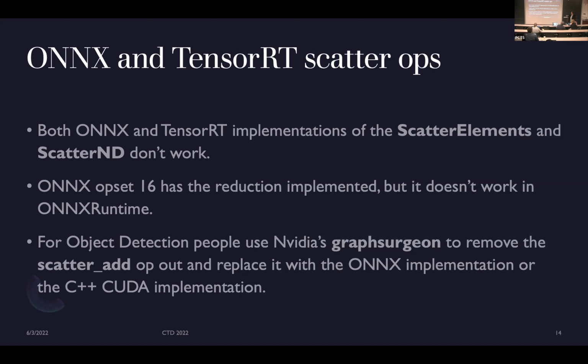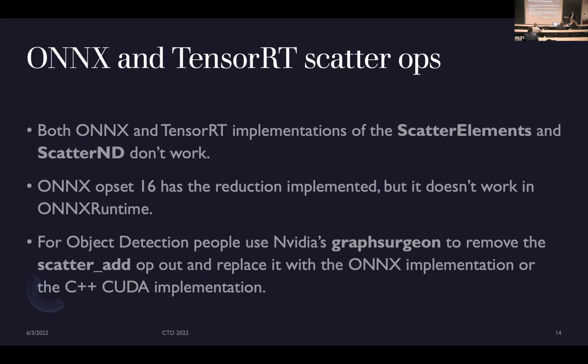Now, when you have a large GNN network, you have many scatter adds, so that will be a pain to go and cut that out and replace it with whatever you want. So in the latest version of ONNX, this reduction part of the scatter add is implemented.